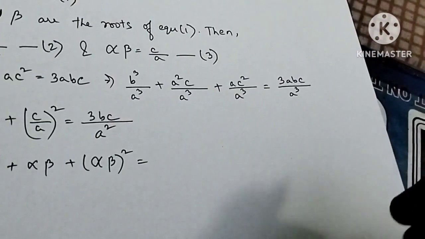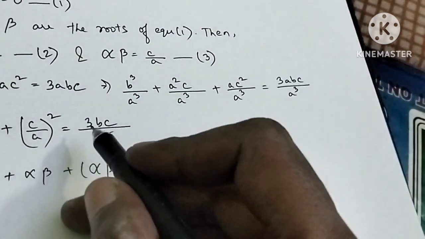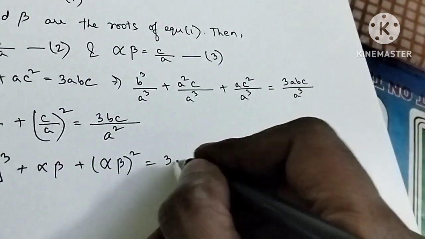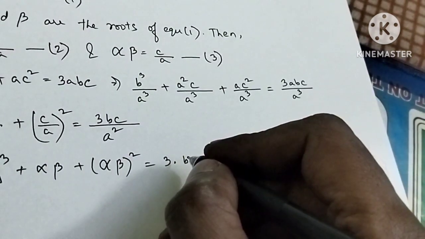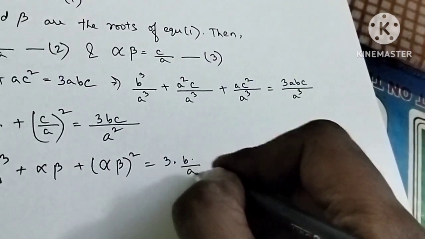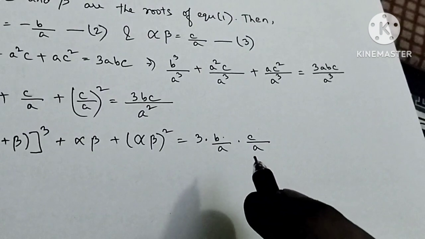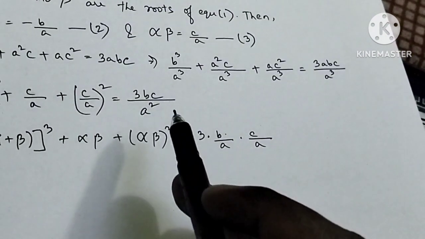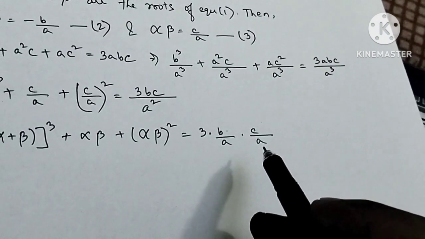Now 3bc by a square means 3 into b by a into c by a.